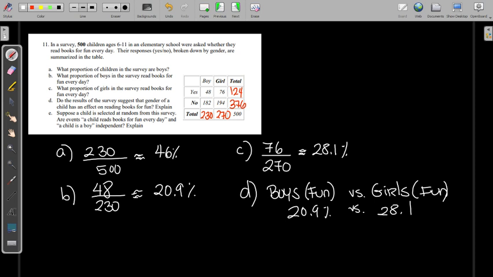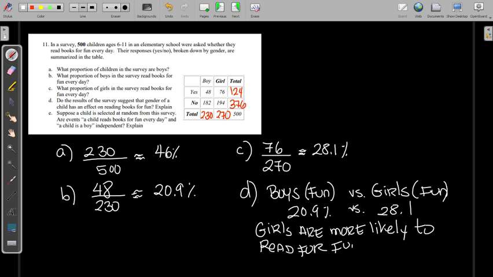So it looks like girls are more likely to read for fun. So the answer, yes. Actually, whether it's a boy or girl has something to do with that because girls have a higher percentage.